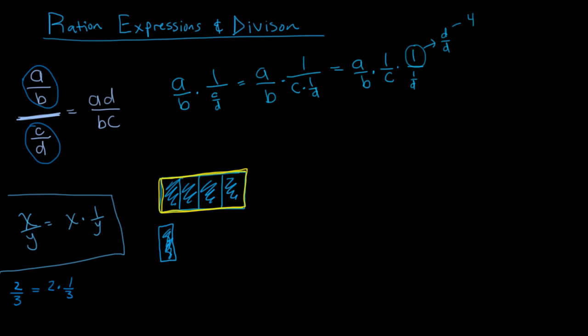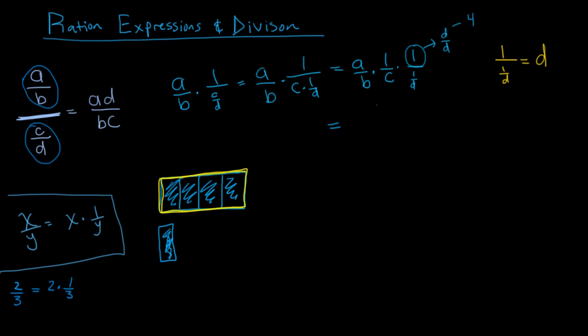We have 4 quarters; 1/4 goes into 1 four times. Therefore, we can take this here and simplify it to d. So really 1 over 1 over d, we can just say it's equal to d.